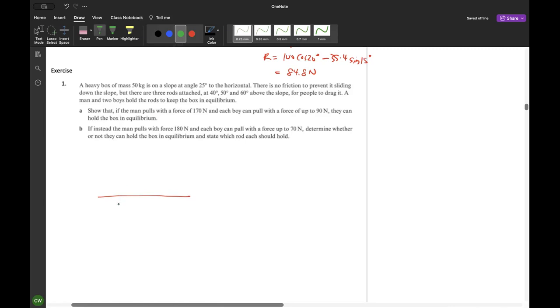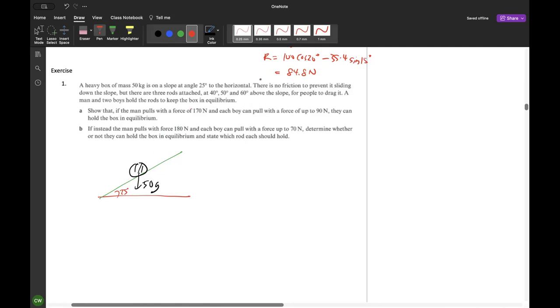There's a slope. There's a box. This is 50 kg. Angle 25. No friction, so it will go down.